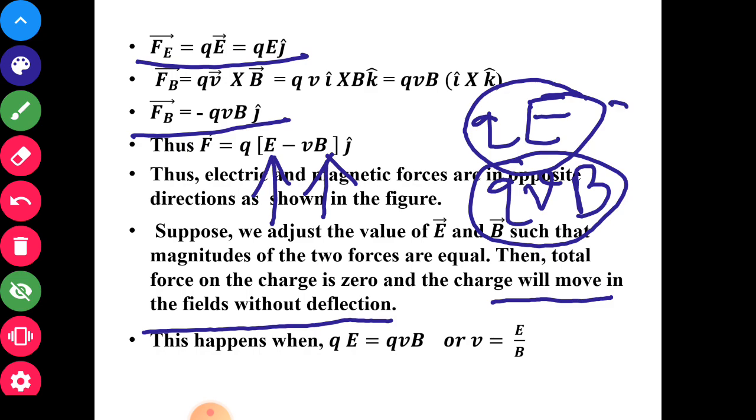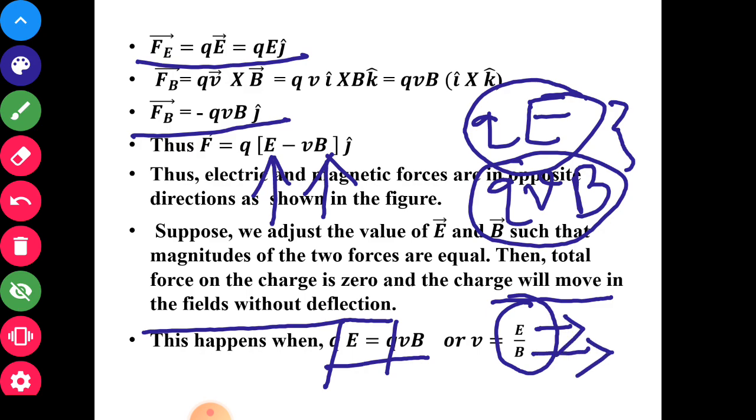Now Q cancels out, so the velocity must be equal to the magnitude of the electric field upon the magnitude of the magnetic field. That is, v = E/B.